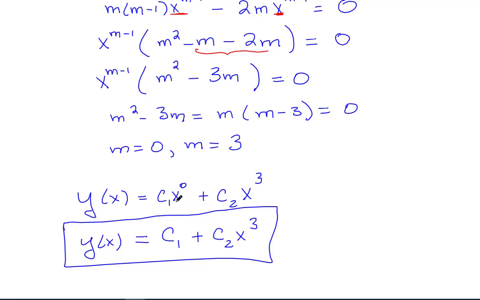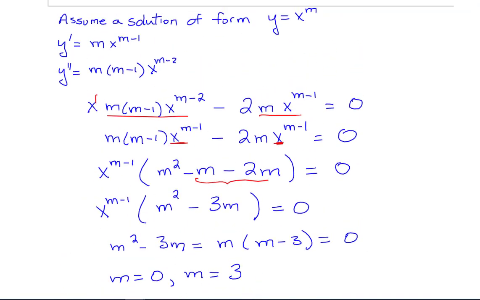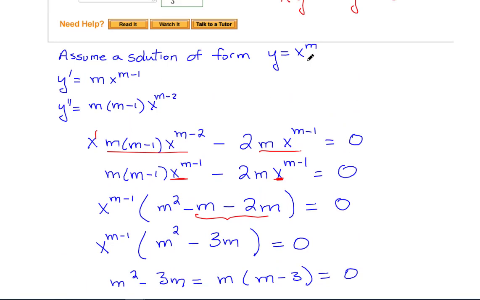So c1 x to the 0 plus c2 x to the 3. x to the 0 is 1, and so I just get this constant. So not too bad. If everything else fails, go back to the basics. Assume your solution of that particular form, plug everything in, see what happens.